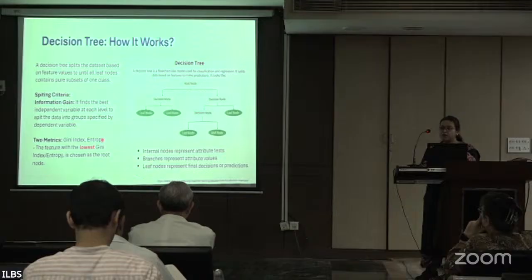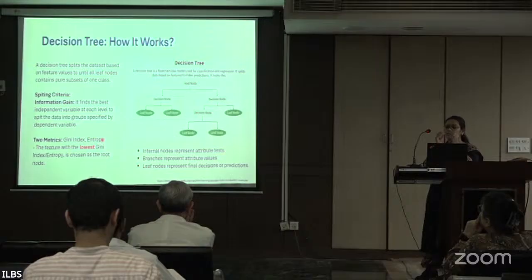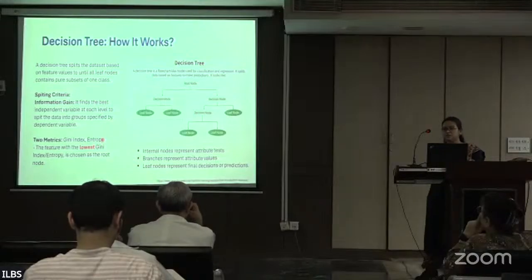So what we are trying to find here is how good that input variable can be, so that among the two classes, some samples will go to one class and the opposite samples will go to the other class.